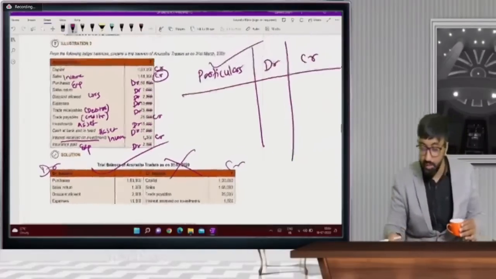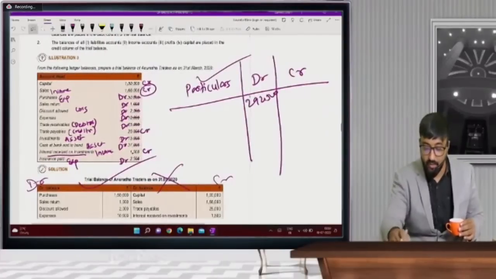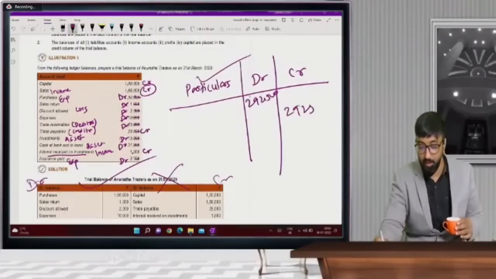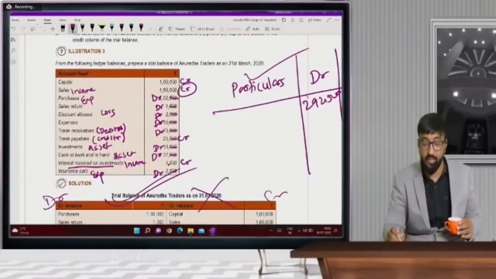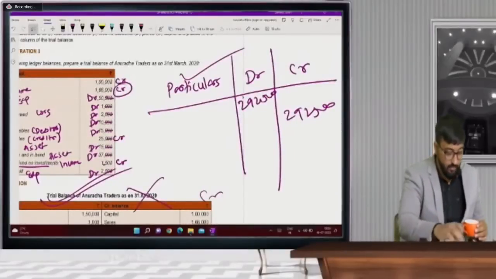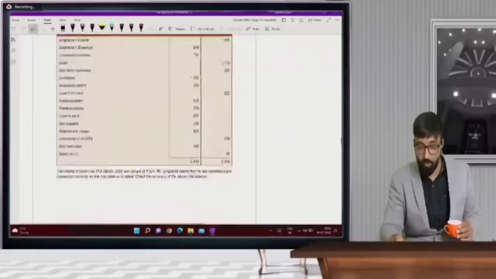So I get 290 to 500 as the debit total, and the same total on the credit side. Credit total, debit total. In the exam, follow this way: particulars, debit, credit. Easy? Chalo, we'll solve one more problem.